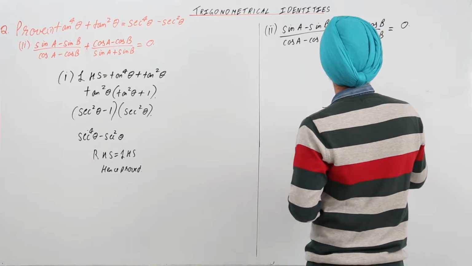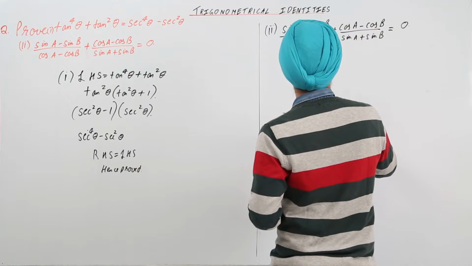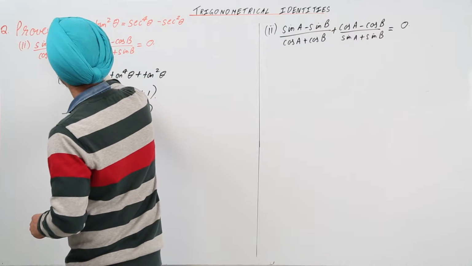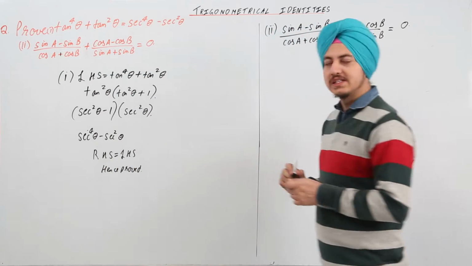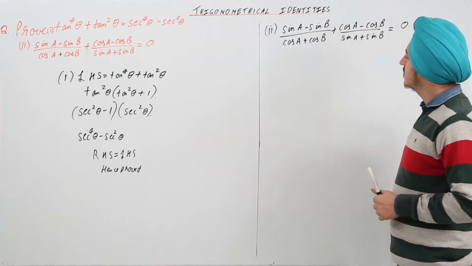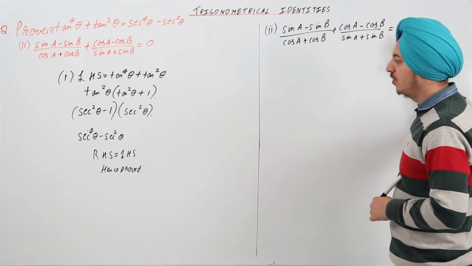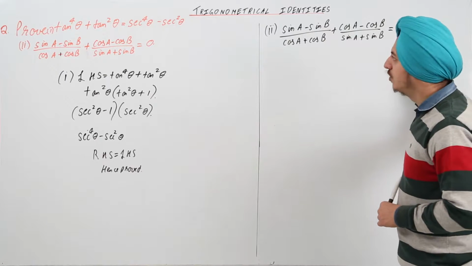Now from here what happens is that over here there is a plus sign, not a minus sign. Now this will be sine A minus sine B upon cos A plus cos B plus cos A minus cos B upon sine A plus sine B is equal to 0. This is what we need to prove.